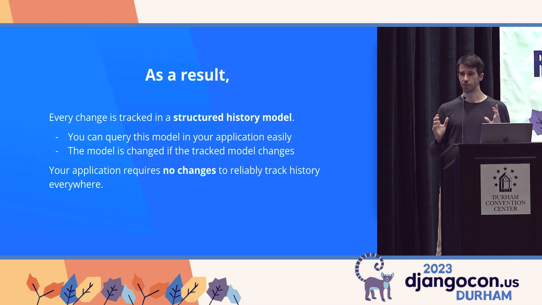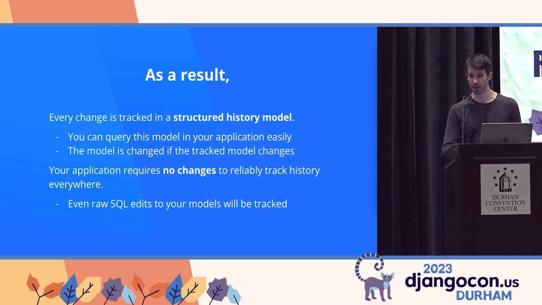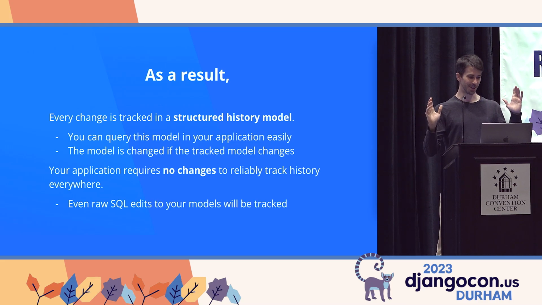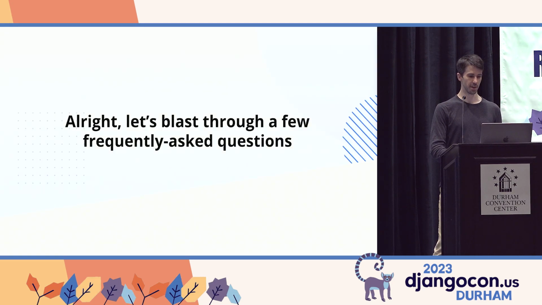You don't have to remember to go through a particular interface to have your history tracked. It's just tracked behind the scenes reliably. So imagine someone goes into your database in a SQL terminal and they edit stuff. Your history would still be tracked. That's one of the key takeaways here. And that's why triggers can be such a powerful way of tracking history. It's a very reliable audit log that runs in the database itself.